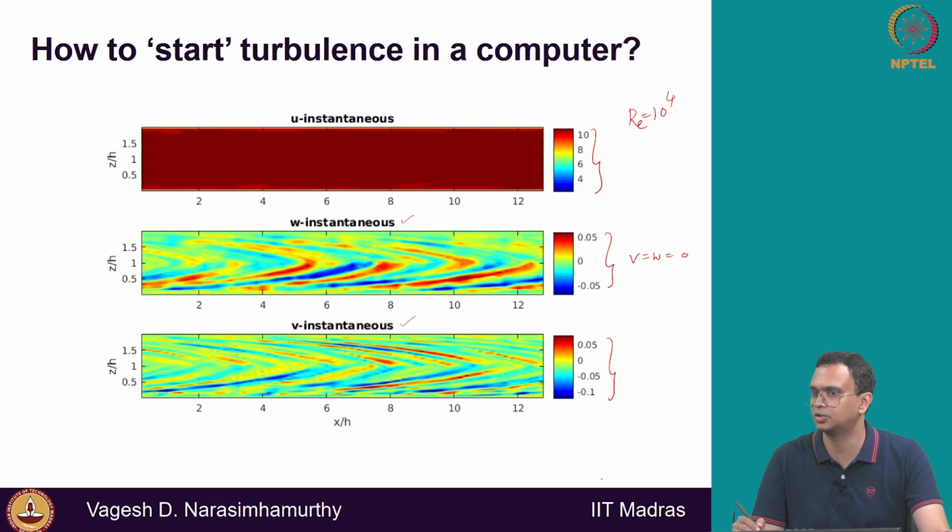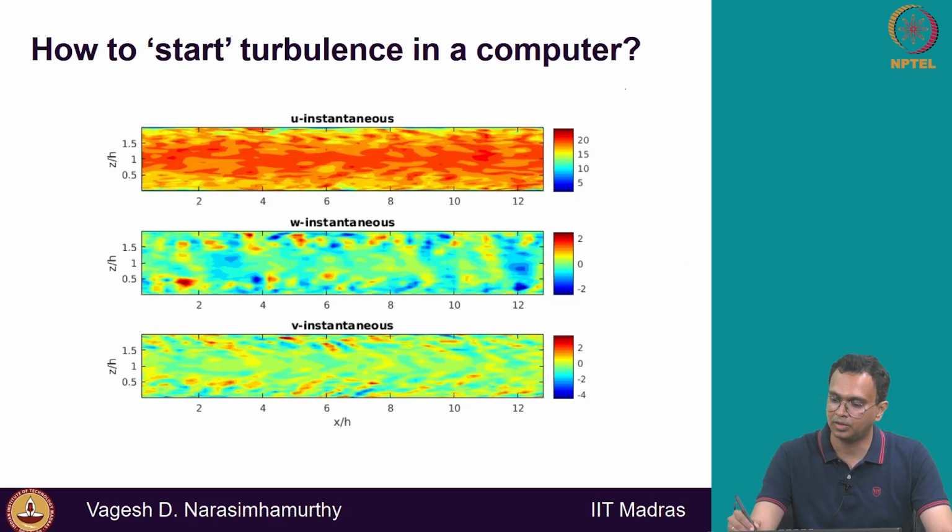In reality, that should not be. This is an instantaneous velocity. I'm not looking at a mean. This is U, V, W instantaneous. So when I do Re, let's say 10 raised to 6, I don't remember the exact Reynolds number I used, but as a usual practice, I increase it by 10 or 100 times. Then I get this.